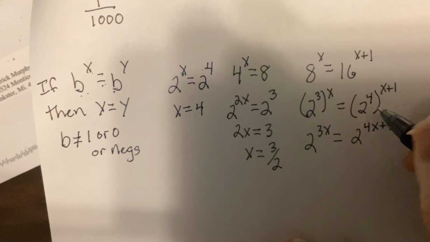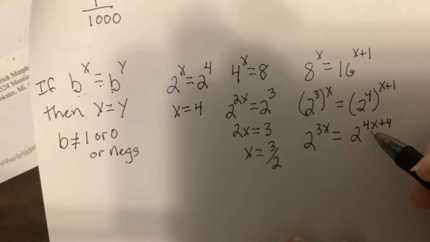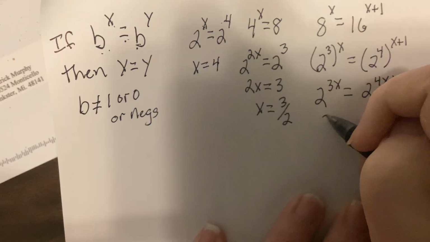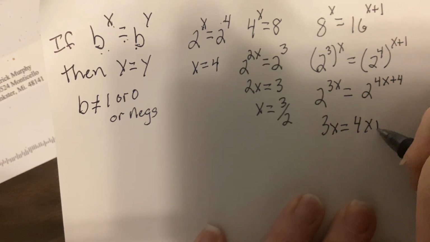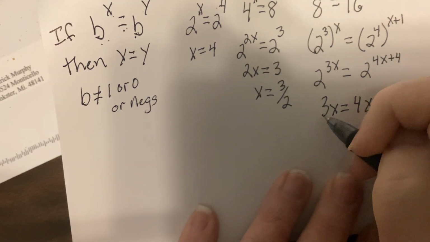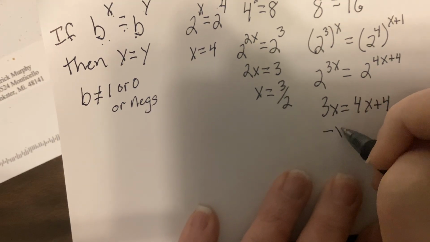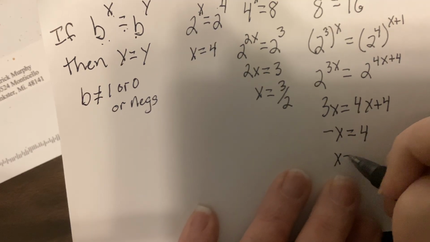Because remember, when you raise a base to a power, then raise it to another power, you multiply the powers. So you'd have 3x equals 4x plus 4. So subtract 4x, and then take the opposite of both sides.